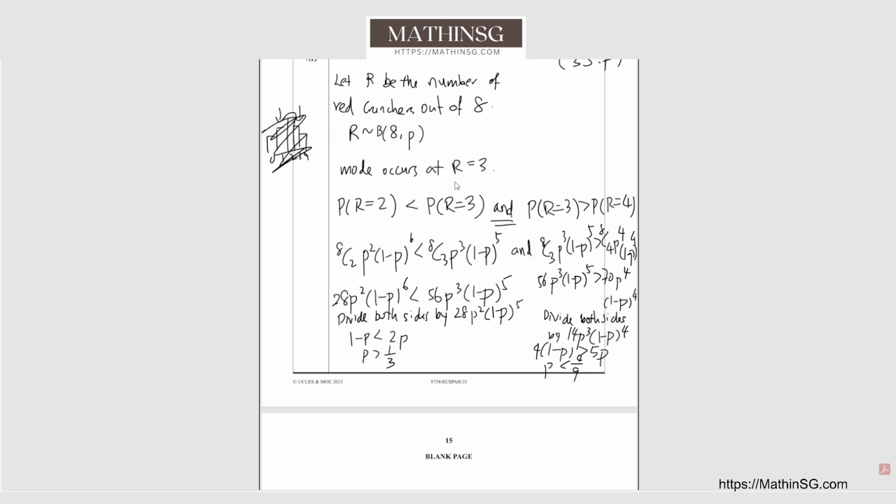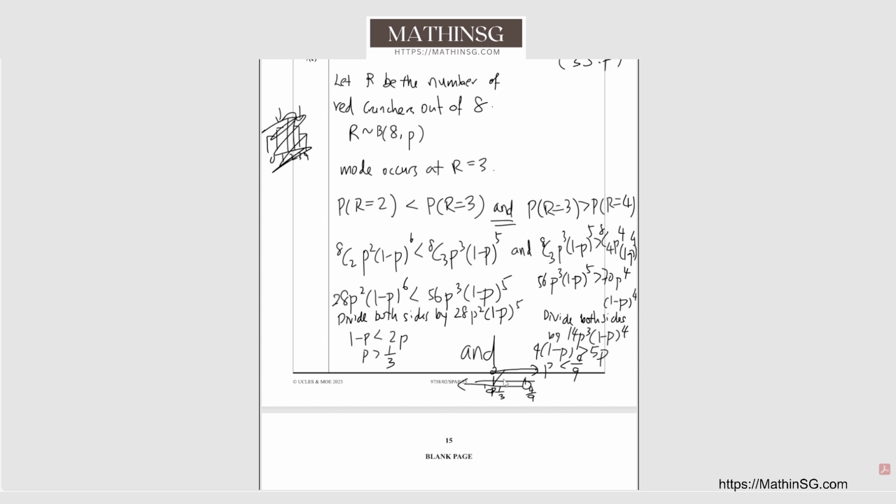And remember, in order for r equals 3 to be the mode, these two inequalities must be satisfied. So it's an and. We must find the intersection of these two inequalities to find the range of values of P. I know that P is greater than 1/3, and P is less than 4 over 9.